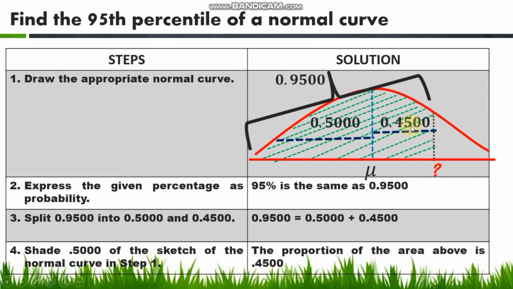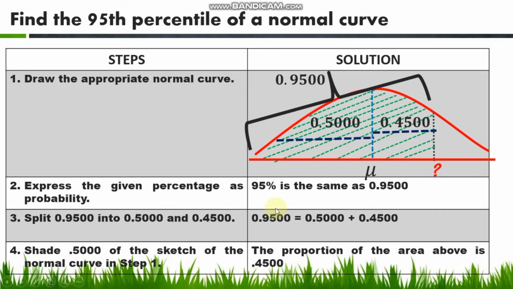Take note, why is our shaded portion to the left? It is to the left because the concept of percentile is the point below it, so toward the left side. Unless it says upper percentile, of course; when it says upper percentile, it is to the right. So when nothing is said, it is automatically below it, or to the left.